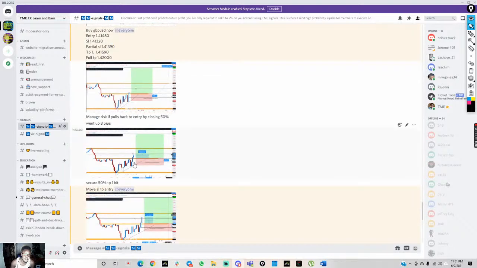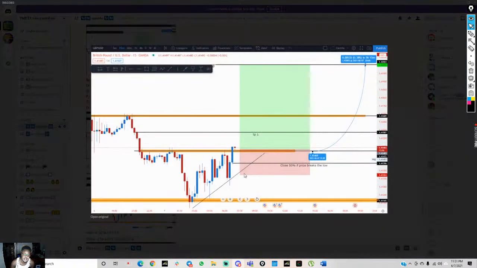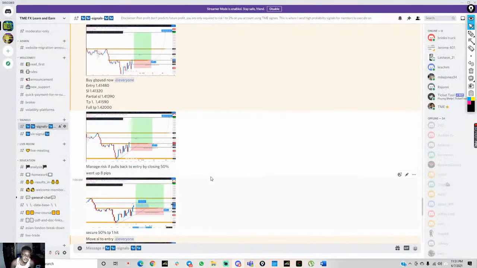Alright. And if you look here, this was another signal sent this morning for a buy on GBP USD. So this was the entry here. And as I can see, if price breaks the low of the previous candle here, close 50% of your position and leave the rest to run.